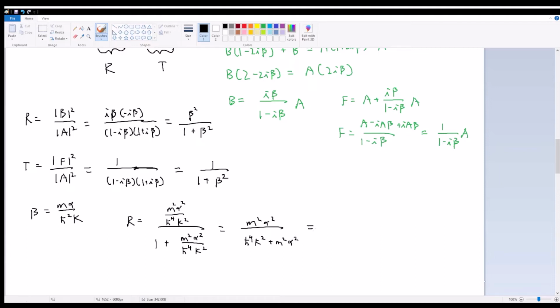We can do it again for T and get 1 over 1 plus ħ⁴k² over m²α².